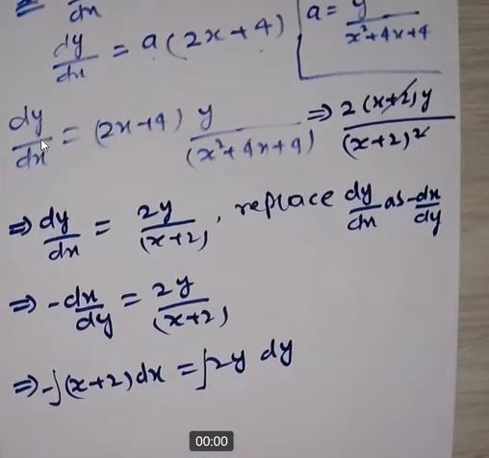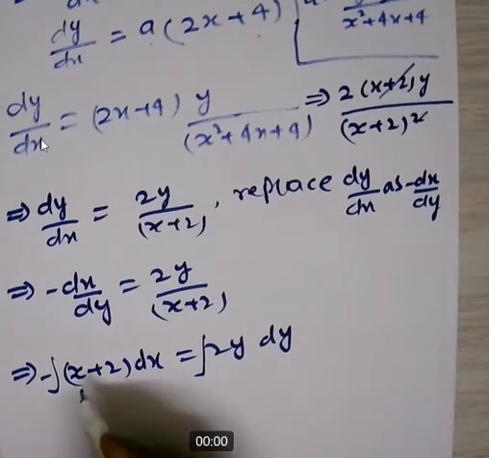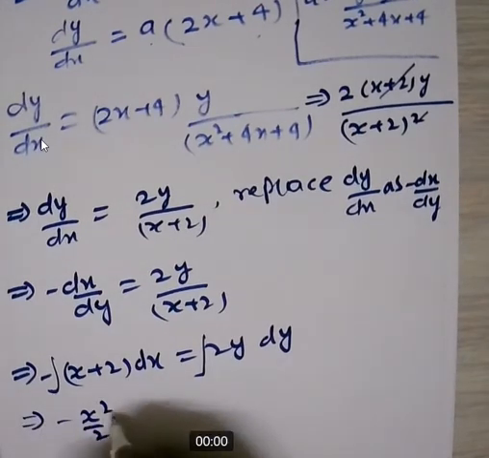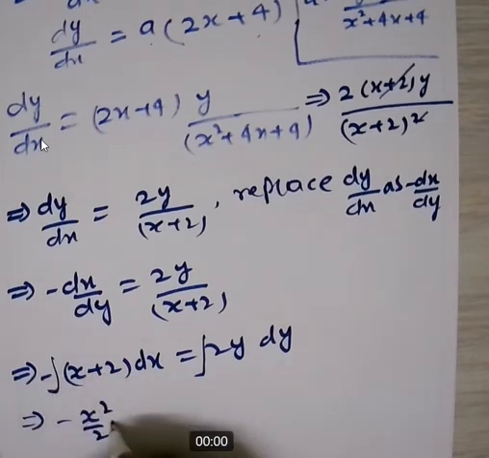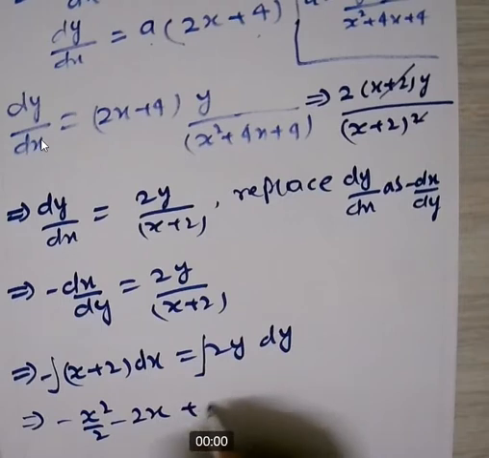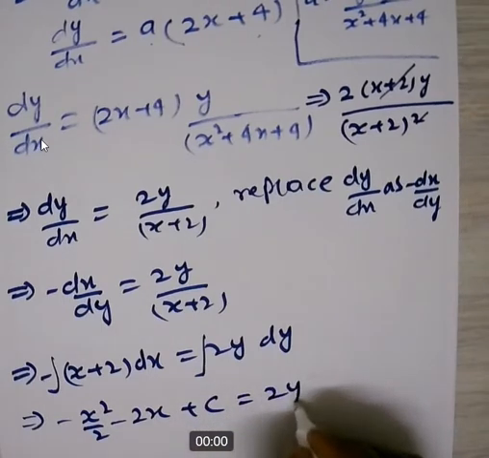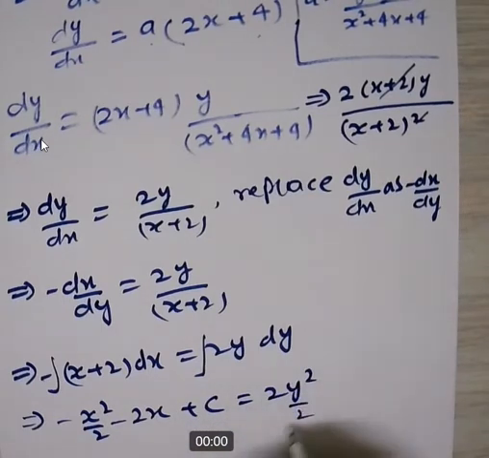Now when you integrate it, it becomes minus x square by 2. See, minus is here, so this minus and this plus make minus 2x plus integration constant equal to 2y square by 2. Cancel this and you can write it.